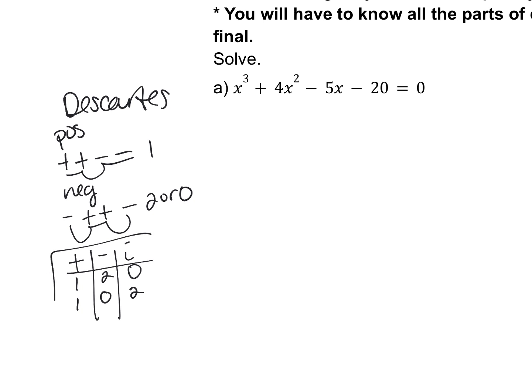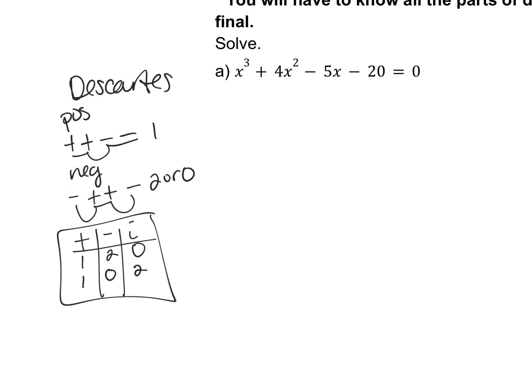Okay, so make sure you know how to do that, because that's going to be one of your answers. The next one that we know how to do is the PRZs. That's going to be plus or minus 1, 2, 4, 5, 10, and 20.